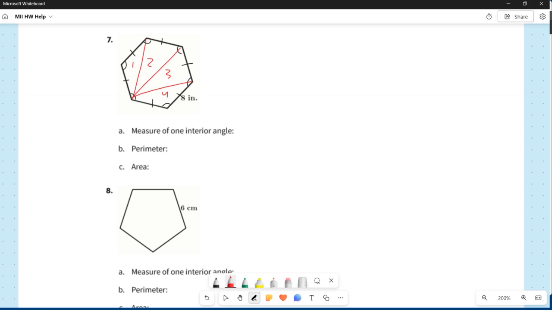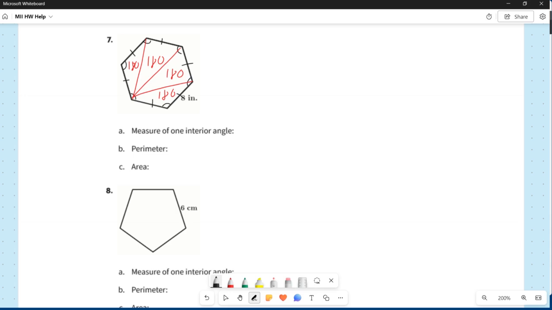So with a 6-sided figure, we have 4 triangles, and in each of these triangles, the interior angles sum to 180. So we have 180, 180, 180, and 180.